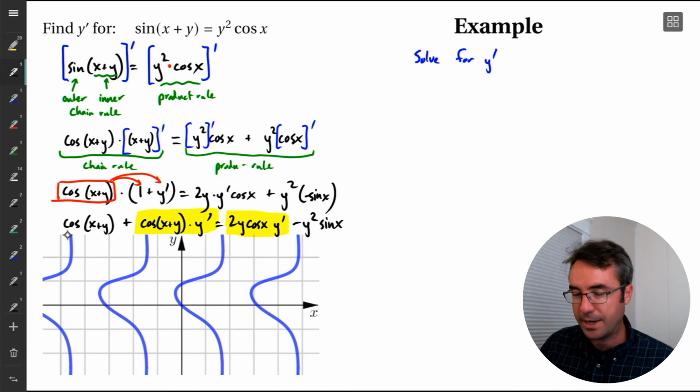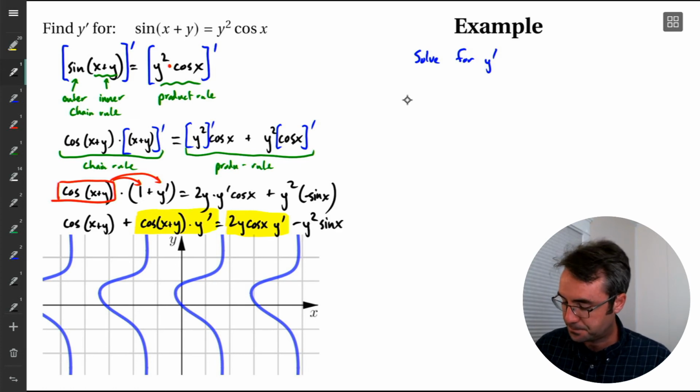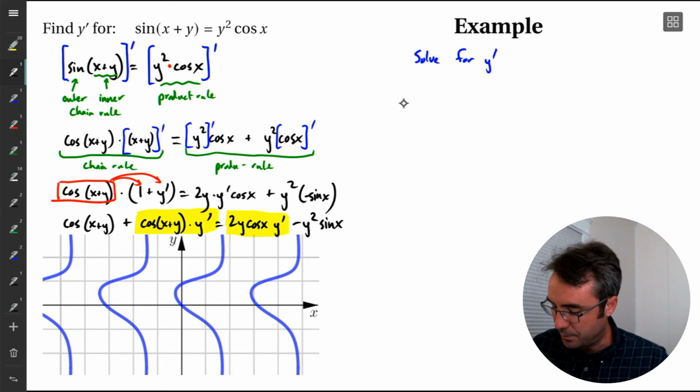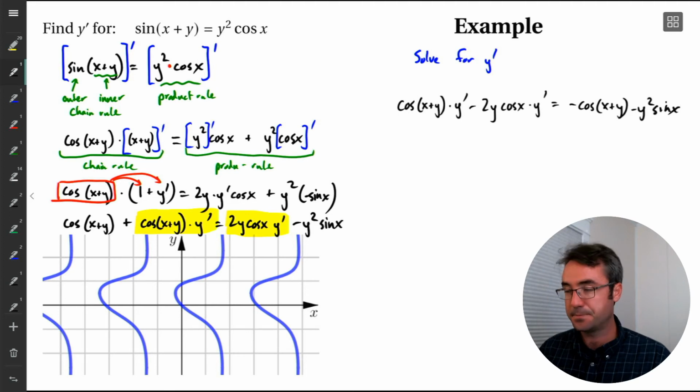So we're going to subtract this cosine of x plus y to get it onto the other side, and then subtract this 2y times cosine x times y prime from both sides to move it over. So when we do this, we end up with cosine of x plus y times y prime minus 2y cosine x times y prime is equal to negative cosine of x plus y minus y squared times sine of x.